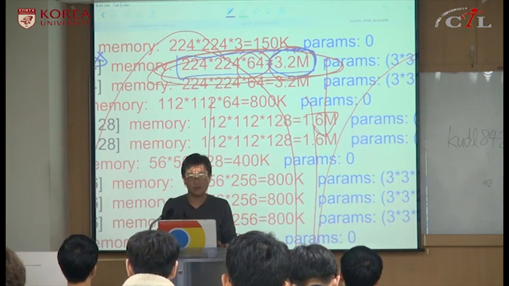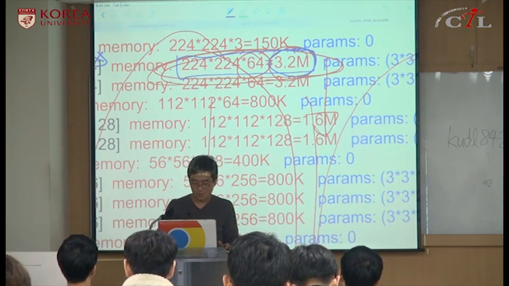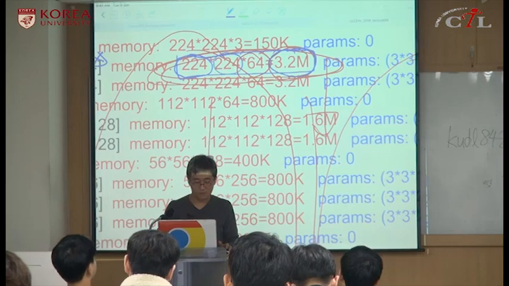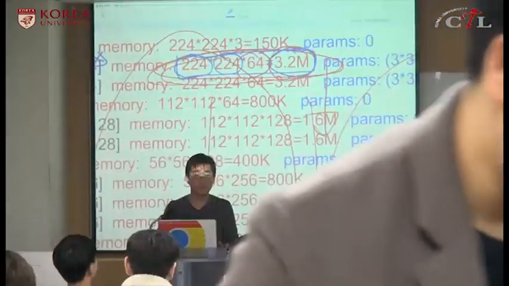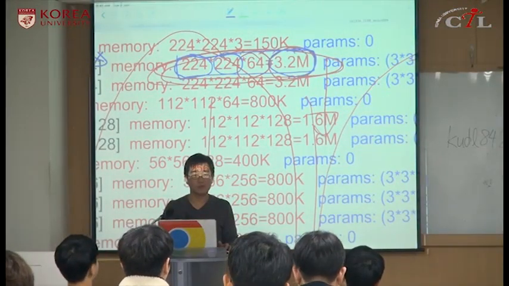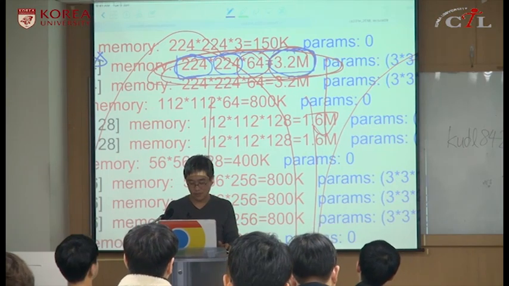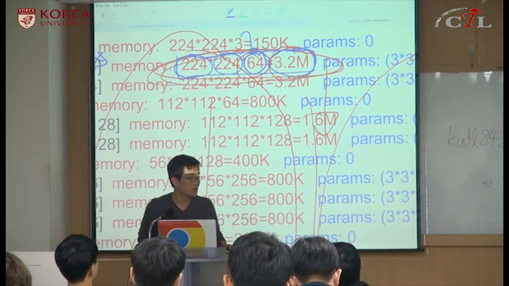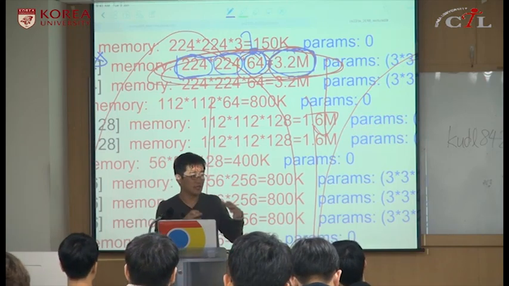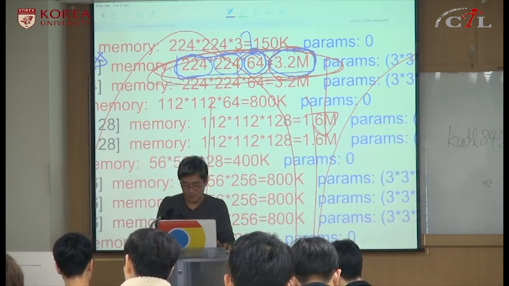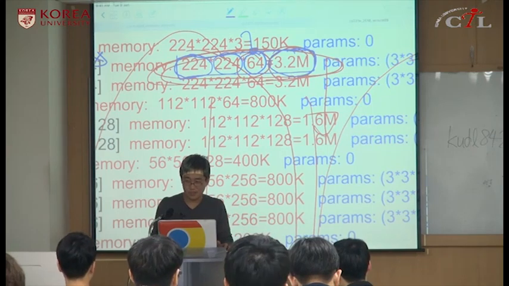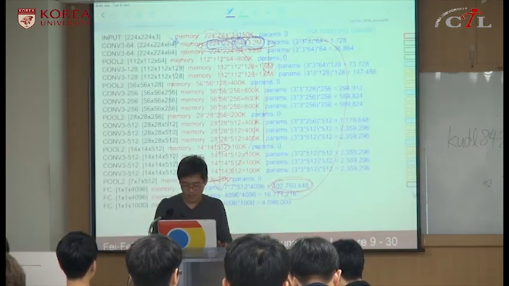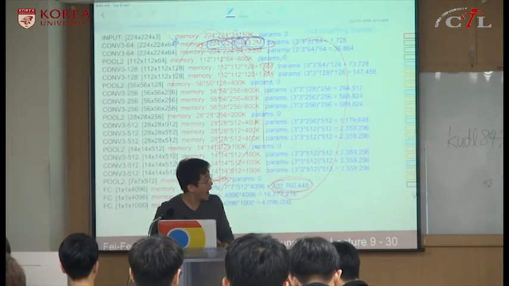And why is it so? It is because we didn't reduce the spatial resolution at all, but we used 64 filters. This 64 is a lot larger than this 3, so our activation map size got bigger by the amount of this number of convolution filters.